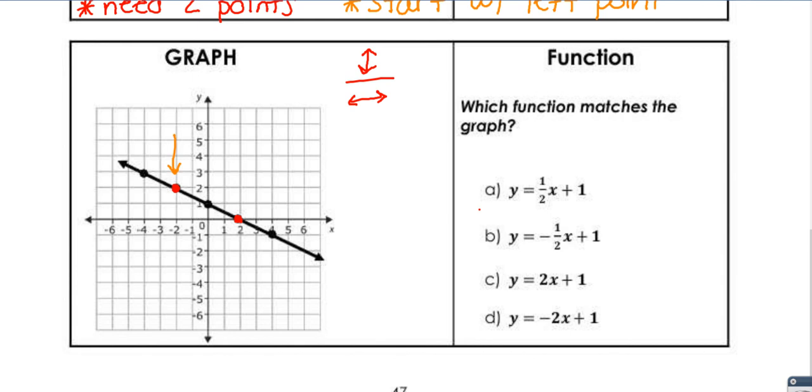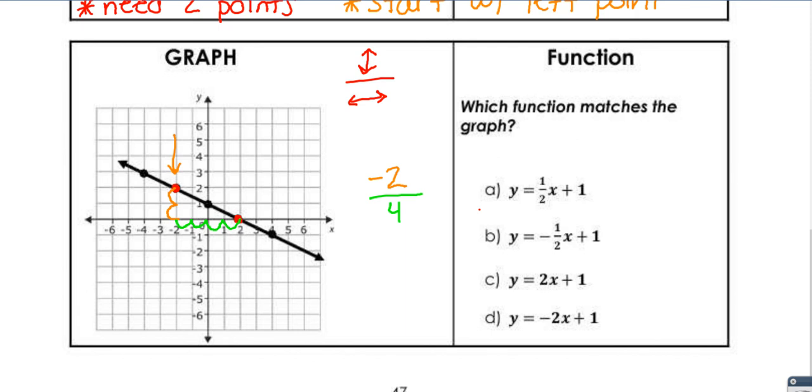And to get to my second point, this time I'm going down 2 times to get to the same point. So I have my 2 here, but if I went down, that's a negative 2. And now my run, I'm going to go 1, 2, 3, 4 jumps to get over to my 2.